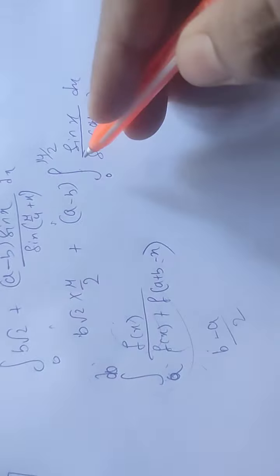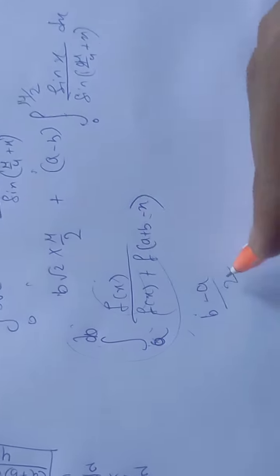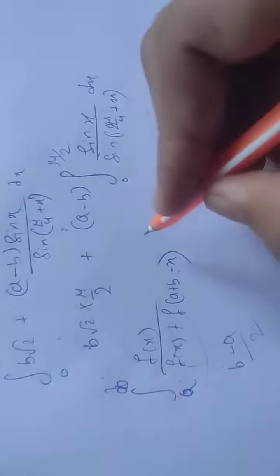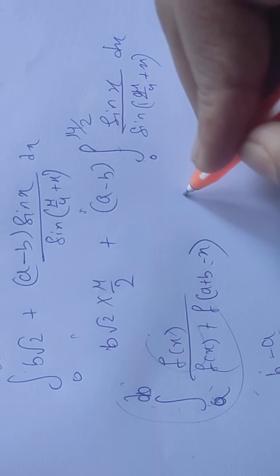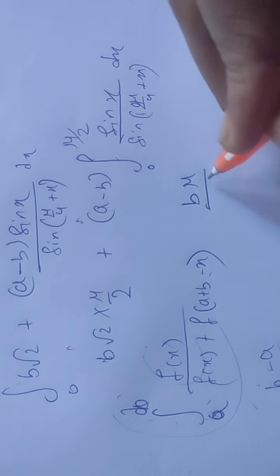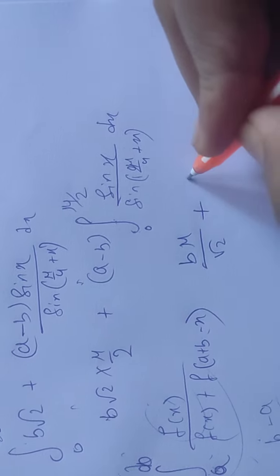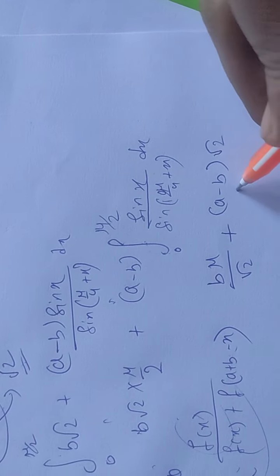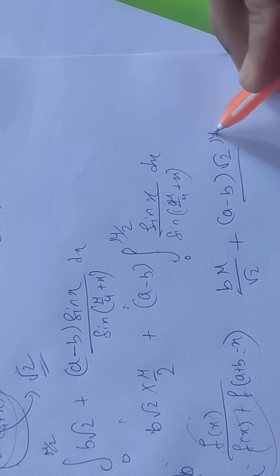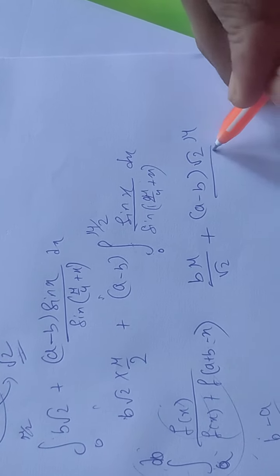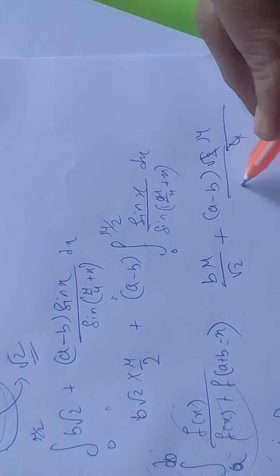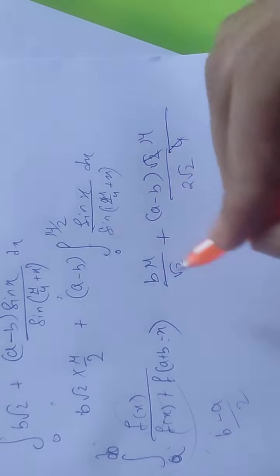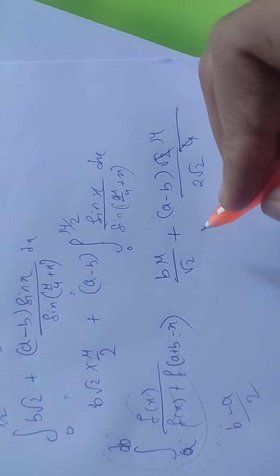So this would turn into pi by 2 minus 0 by 2, so pi by 4, and root 2 is there already, so the answer would become b pi by root 2 plus a minus b into root 2 into pi by 4, and it would turn to 2 root 2, and now on solving you will get the answer.